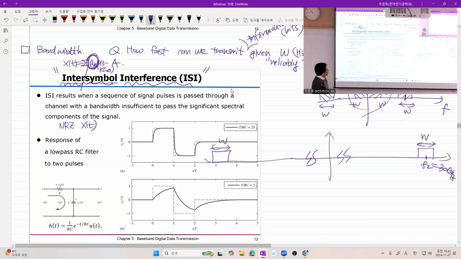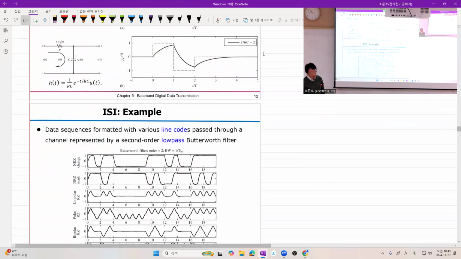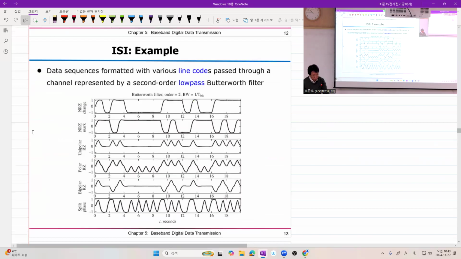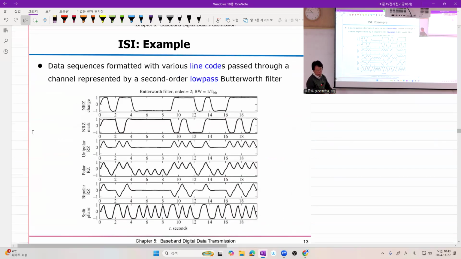Now, sometimes if your transmission medium has a lot of capacitive component, your NRZ signal, when it is transmitted through some channel, may look like this, right? Sometimes you have much more complicated ones. So here go examples. This is the time axis.